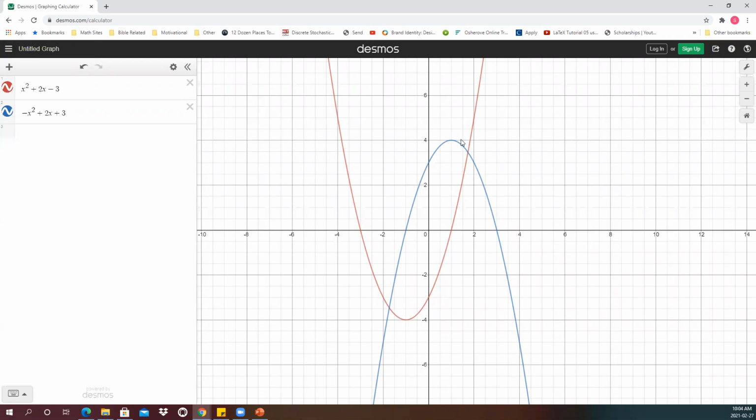So this y-axis is going to be of concern. You see where I have the arrow here? At 4. So this is positive 4. If I carry it over to the y-axis, it is positive 4. So that means that my maximum is positive 4. The maximum for that graph is positive 4.